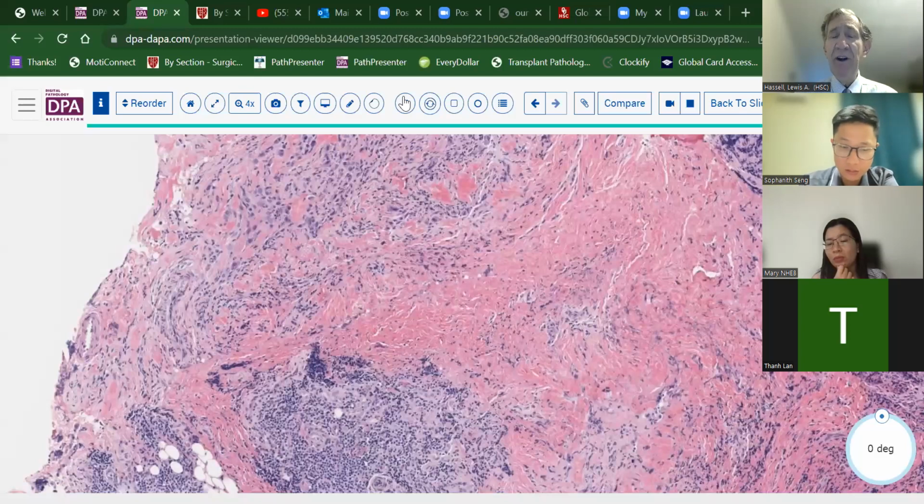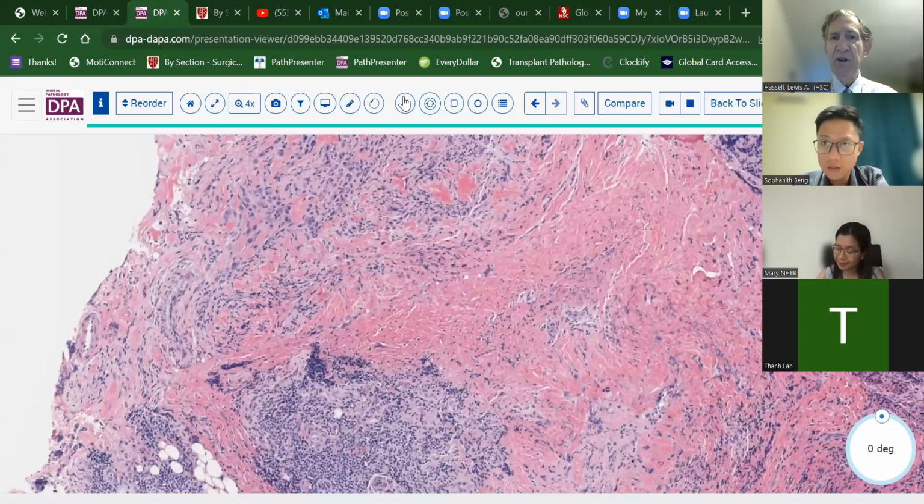But the nuclei are very low grade. And so that feature, papillary architecture, while helpful, is not the diagnostic feature one way or the other, because both endometrioid carcinomas and serous carcinomas can have papillary architecture.